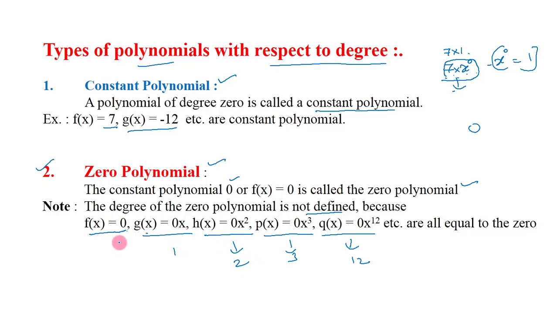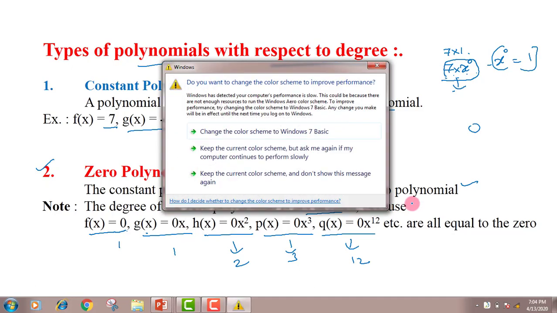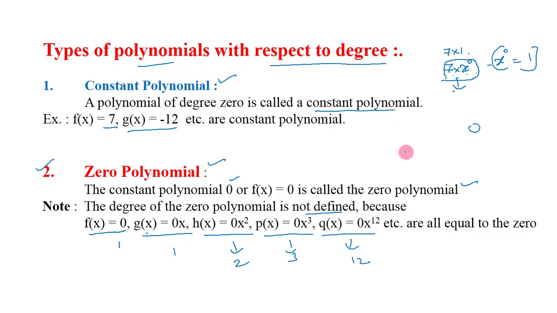So if you observe, these all represent the same polynomial, the same number 0. So 0 can be written in all these ways, and in each way 0 has a different degree. So which one should be considered as the degree? We cannot predict what the degree of it is. That's why we say that the degree of the zero polynomial is not defined.